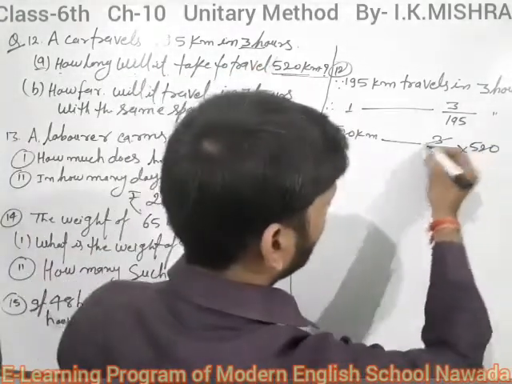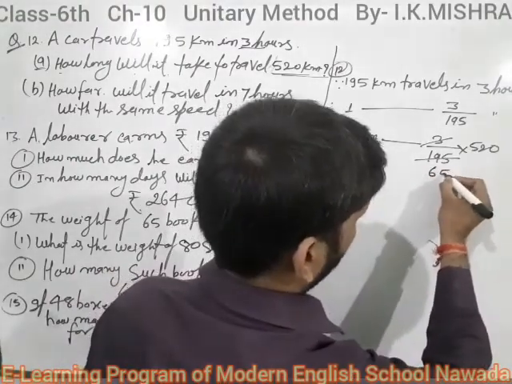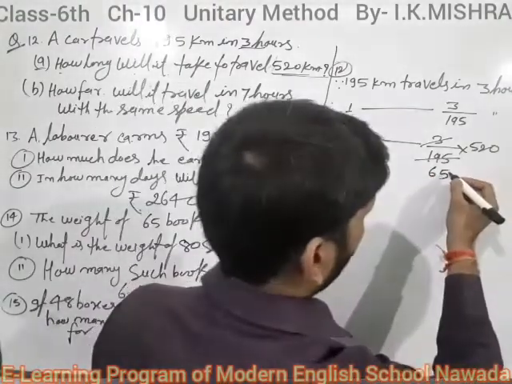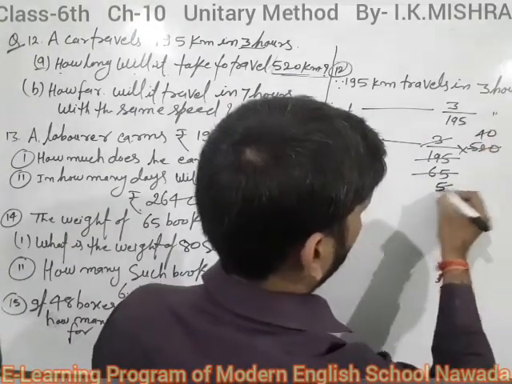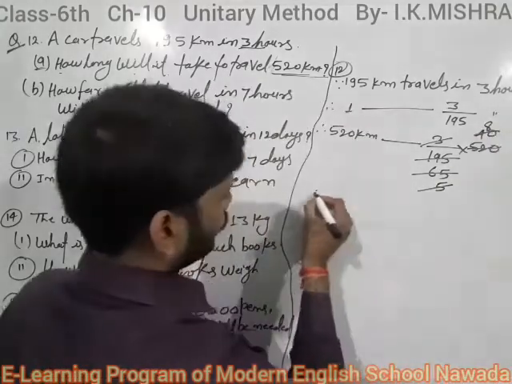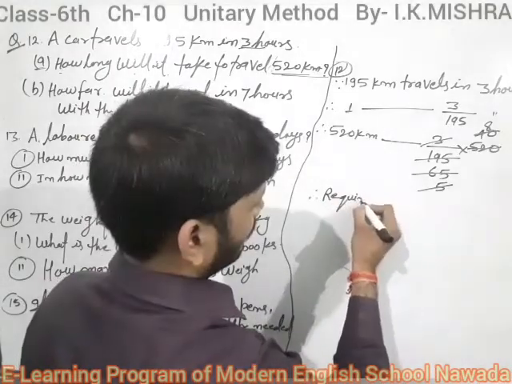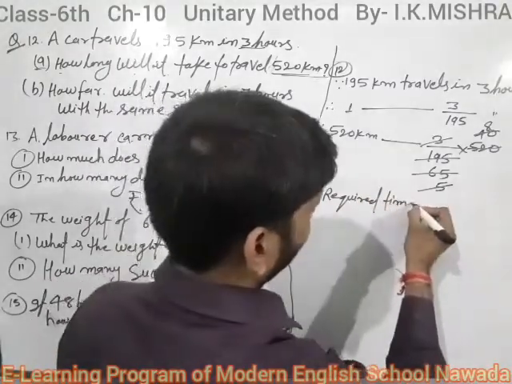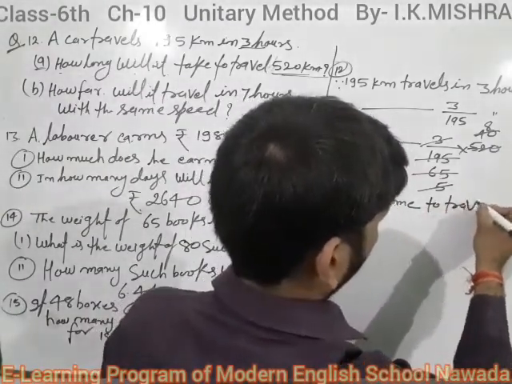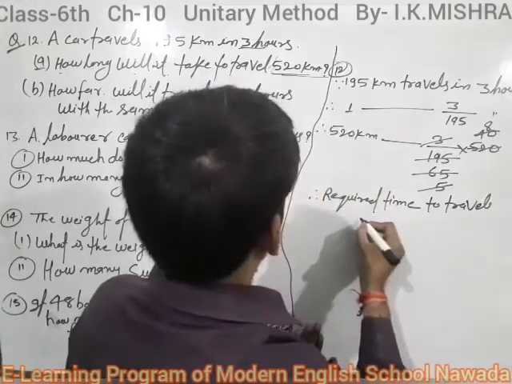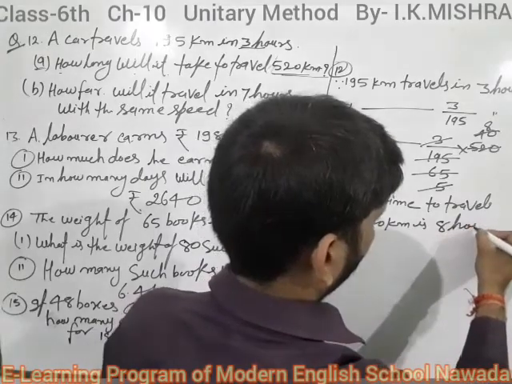That means divided by 3, 65 times and 5 times... now divided by 13, 40 times, and 5, and now 8. So the required time to travel 520 kilometers is 8 hours.